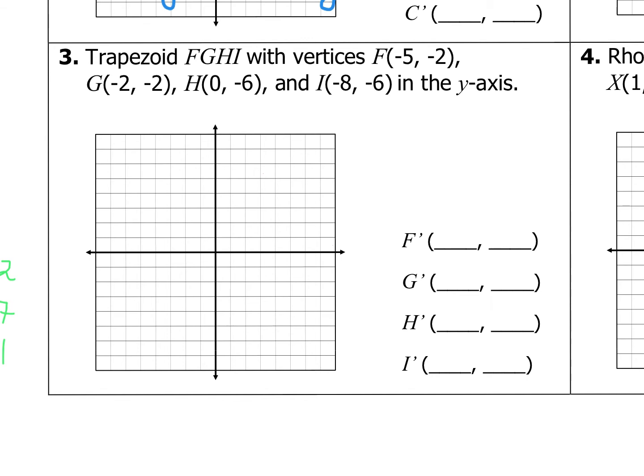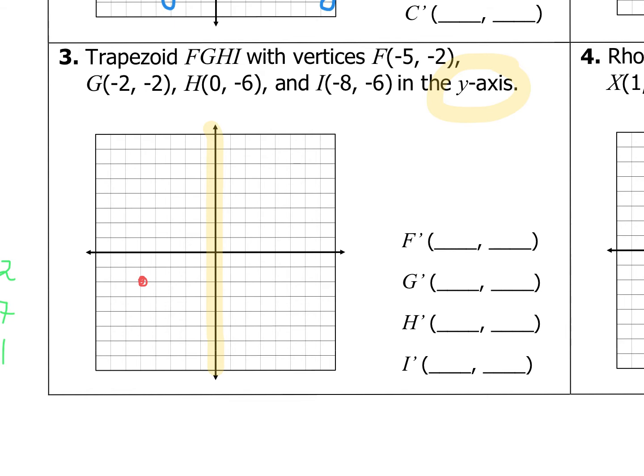Okay, so since we are reflecting over the y-axis, you should have highlighted that y-axis, and then your pre-image is left 5 and then down 2.